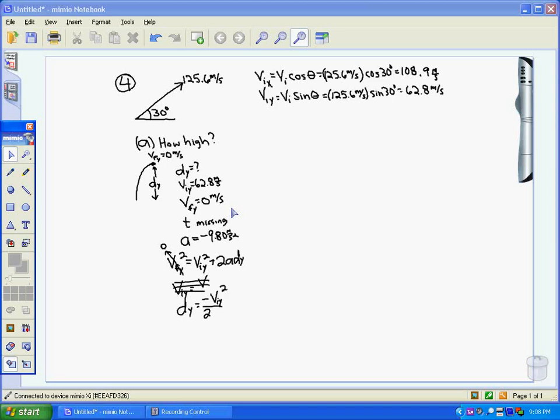And what we get there, putting in the numbers, is negative of 62.8 meters per second quantity squared over 2 times negative 9.8 meters per second squared. Plug that into your calculator, and you get that dy is equal to 201.2 meters.